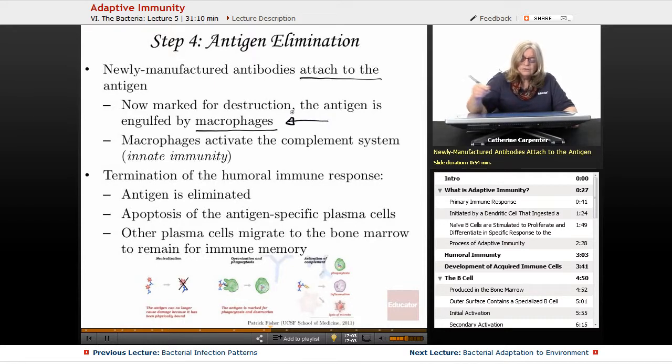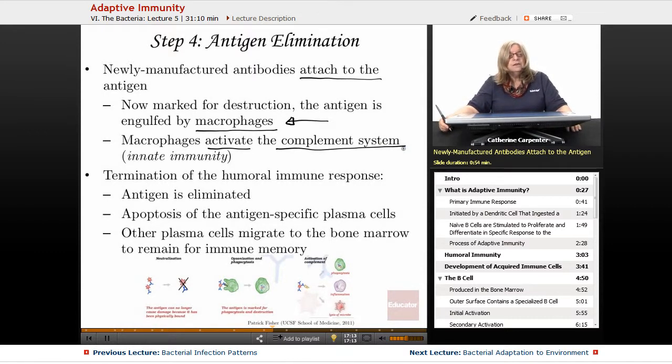And these macrophages also activate the complement system. Now, remember, we had a whole separate lecture on complement, and complement is part of the innate immune system. But if you remember too, complement has its own independent action on these pathogens, and sometimes pathogens can be eliminated entirely without even making it to the adaptive immune system.